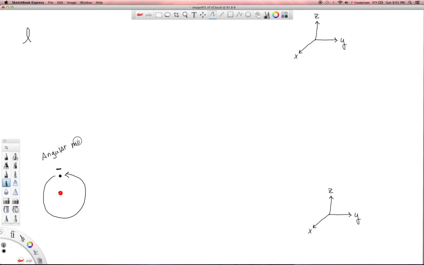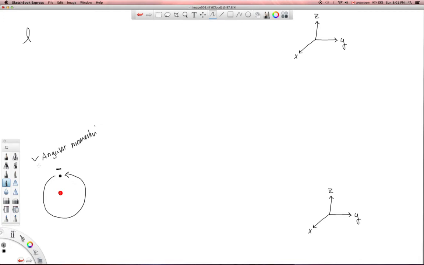Obviously, if it's moving in a circle, it's going to have angular momentum, even if it's not literally orbiting. If there's some sort of orbit-like motion going on, it's going to have angular momentum.